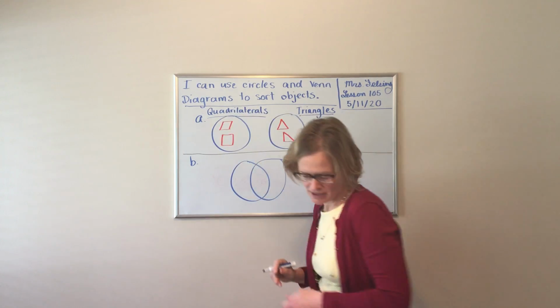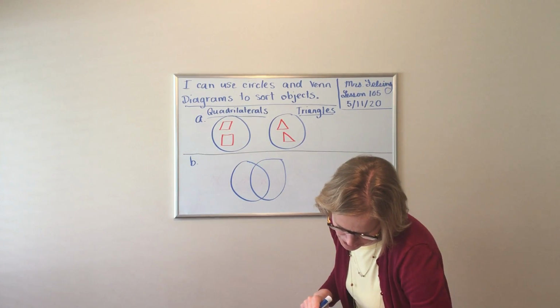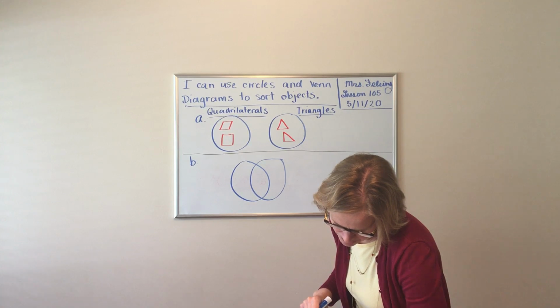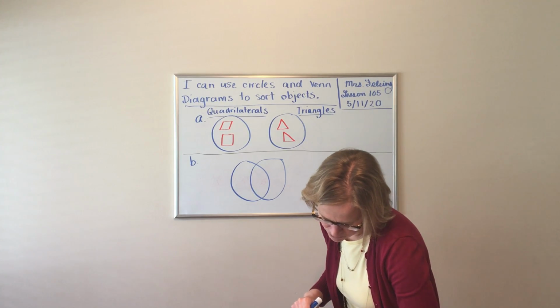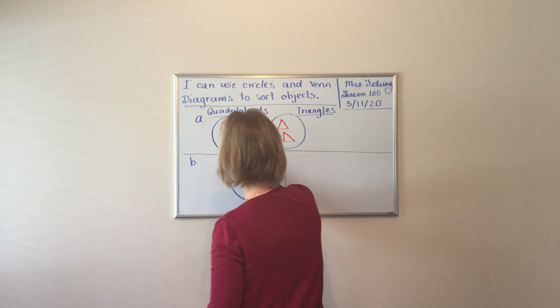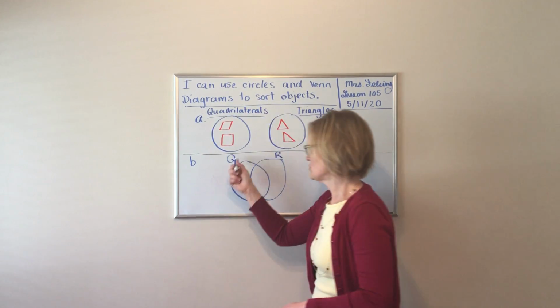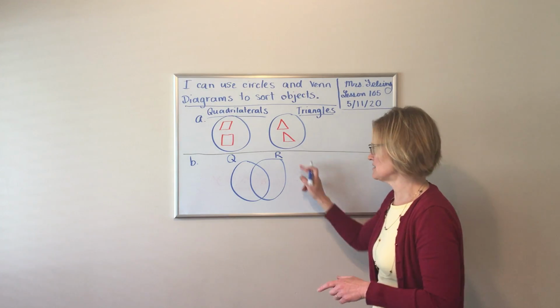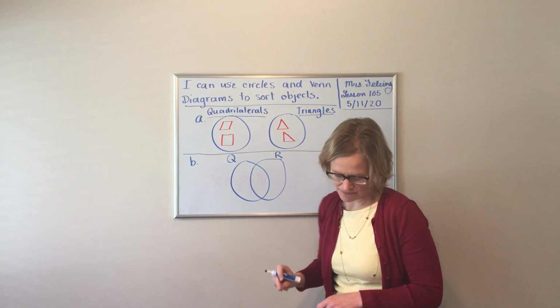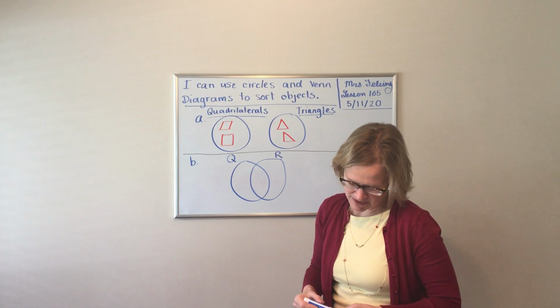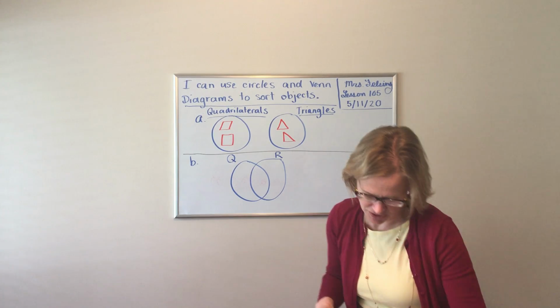Okay? And label one Q for quadrilaterals and the other R for shapes that have a right angle. So Q and then R. So quadrilateral, 4 sides. R, right angle. Then draw these shapes in the correct parts of the circles.